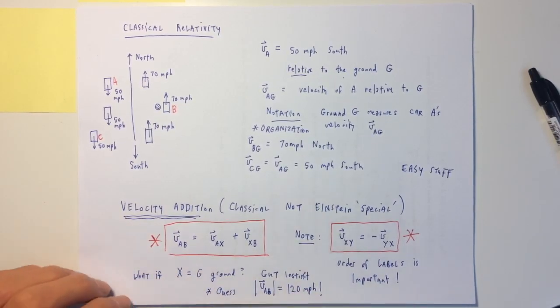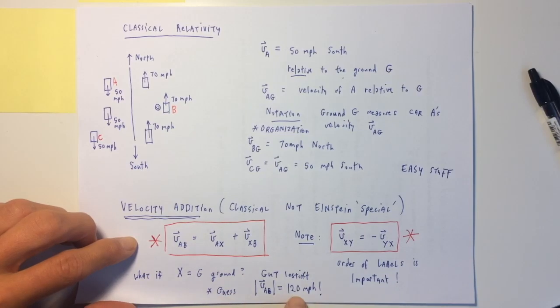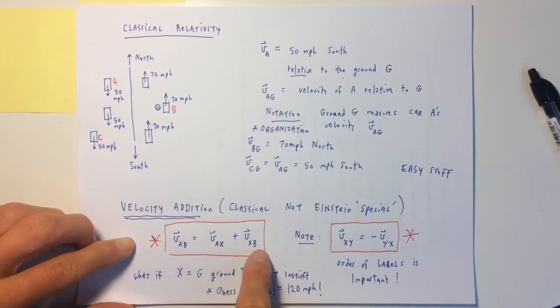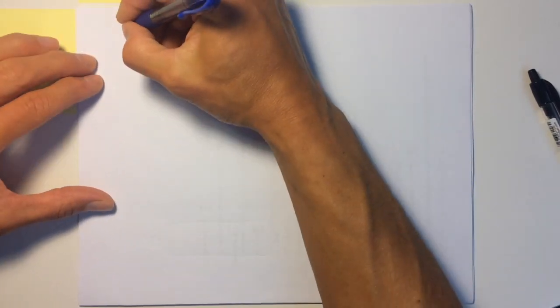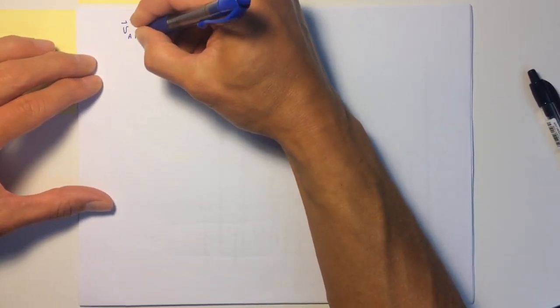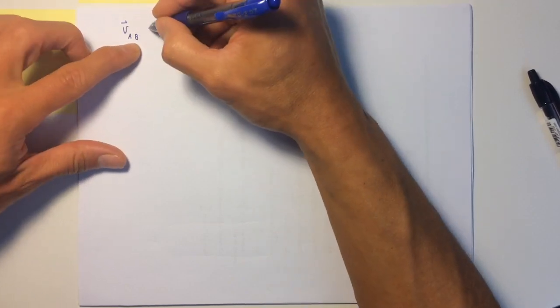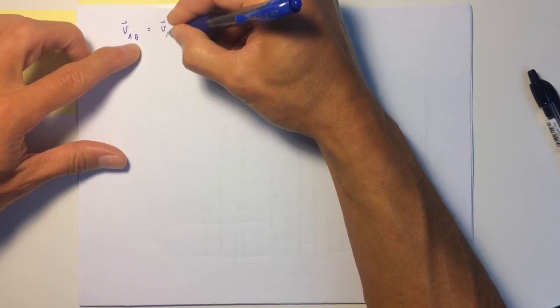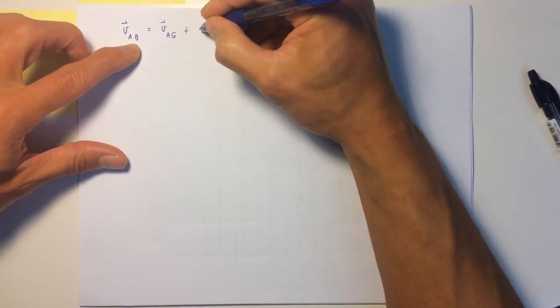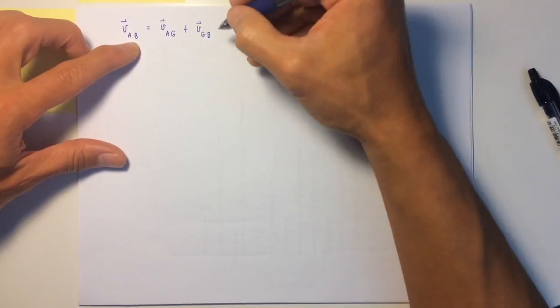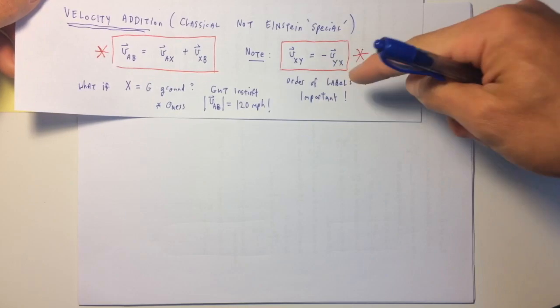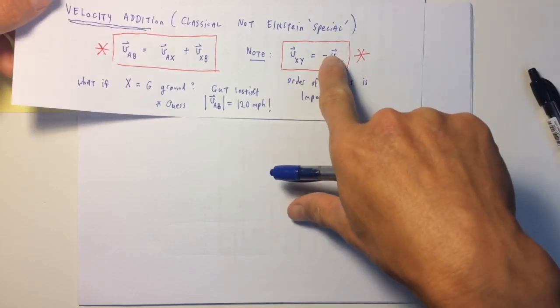But let's use the velocity addition formula to get this. And what's more is we're going to get a vector designation because these are velocity arrows, right? These are velocity vectors. So the velocity addition formula says that the velocity of A relative to B is equal to the velocity of A relative to the ground plus the velocity of the ground relative to car B. So using this fact here, the order of the labels, if you switch the order of the labels, you pick up a minus sign.